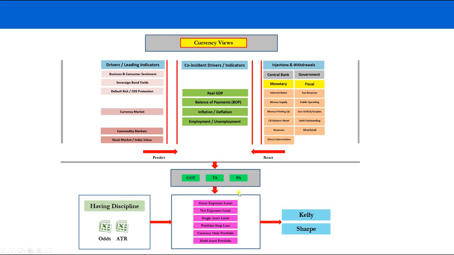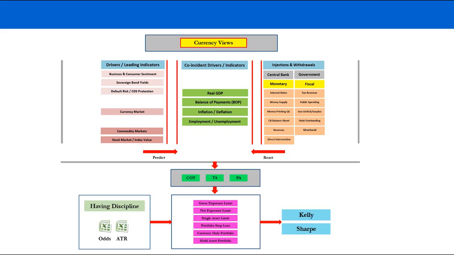Then we have our gatekeeping process, which is our commitment of traders reports, technical analysis, and price action indicators to essentially cleanse our ideas and have a process to stop ourselves doing something stupid in terms of deploying capital to our ideas.